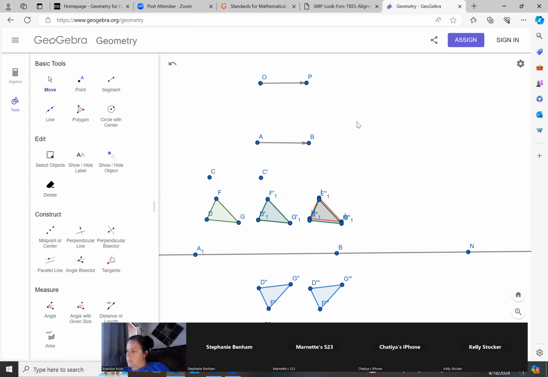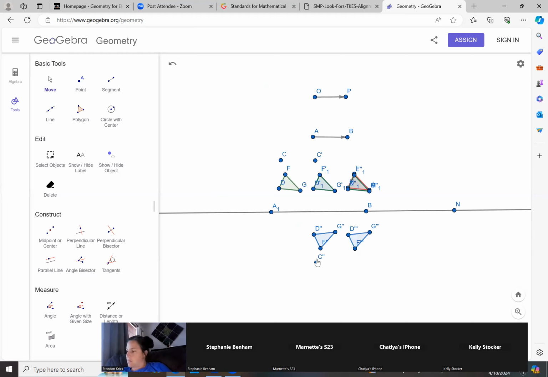So if we start by looking at this point right here, I'll call it C double prime. The question is, if you were translating the initial point, this amount from A to B, and then you reflected it across this line, this parallel line, and it landed at C double prime, where would the initial point have to be?